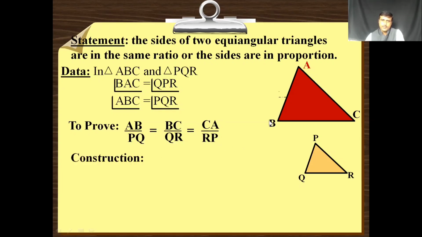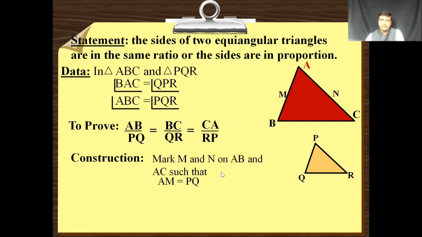Then the information given in the diagram and the statement is not enough for us to prove the theorem. So for that, what I am doing is considering two points on the sides of the mother triangle. Mark M and N on AB and AC.